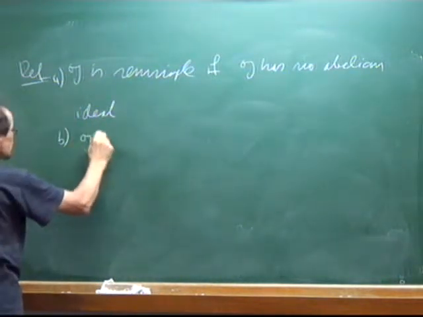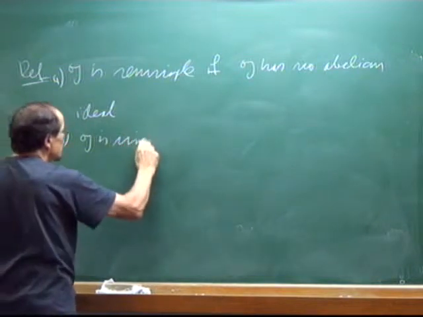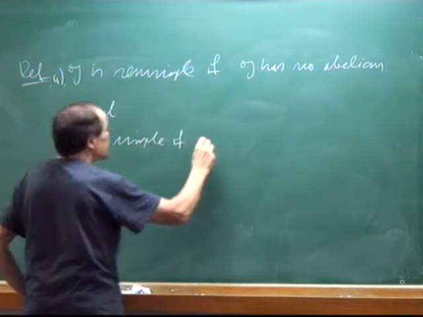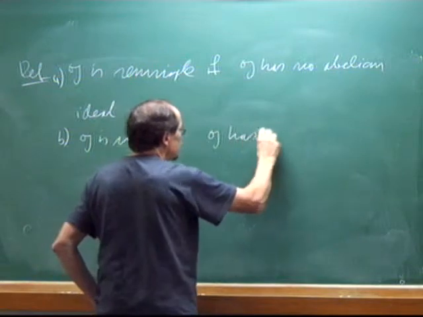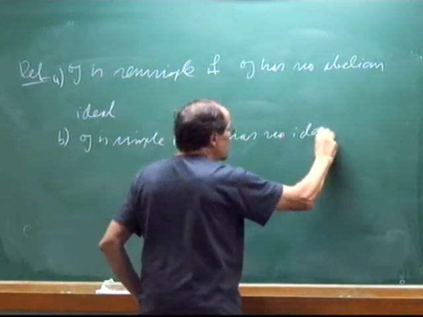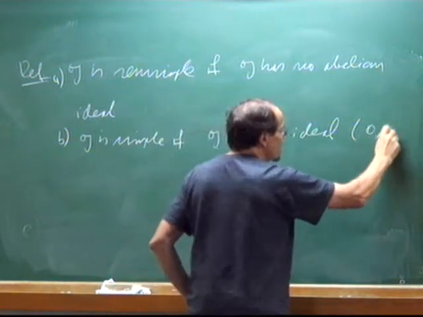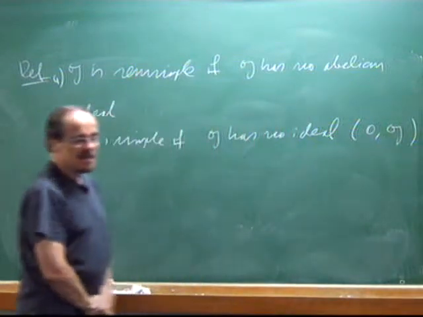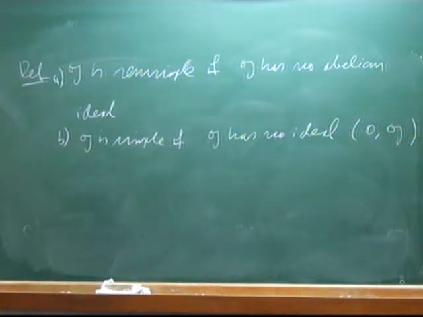And G is called simple if G has no ideals besides the trivial ones, 0 and G, of course, which are ideals. If there's no other ideals whatsoever, it's called simple.